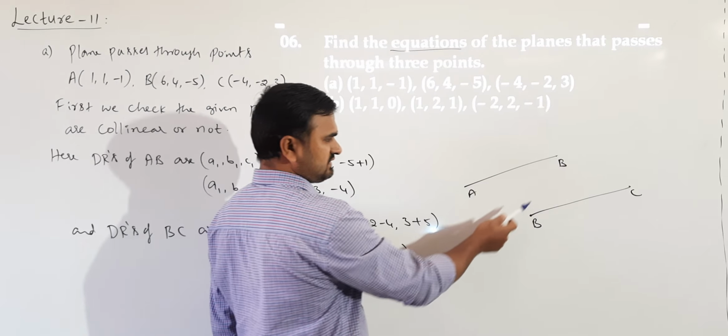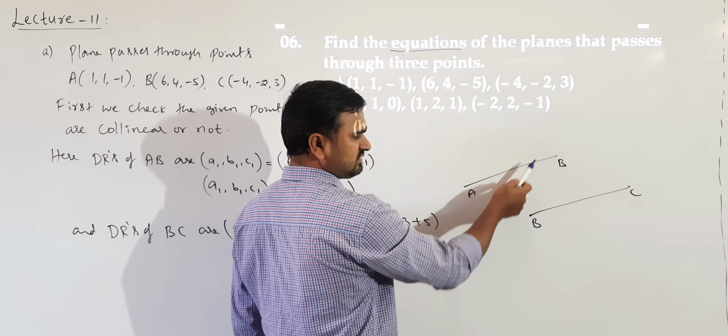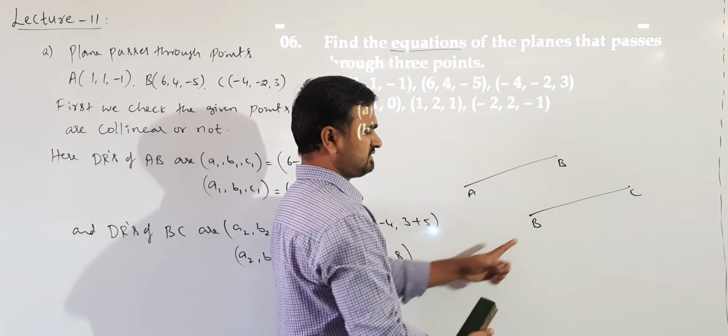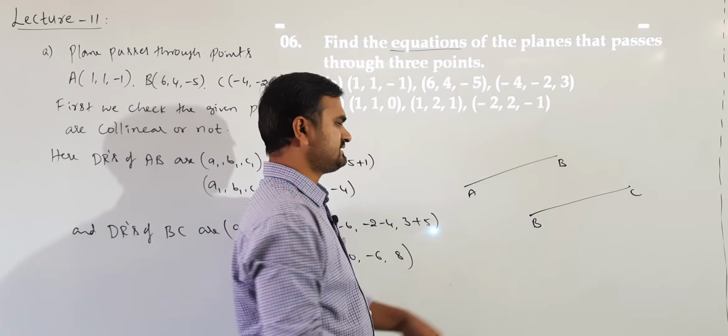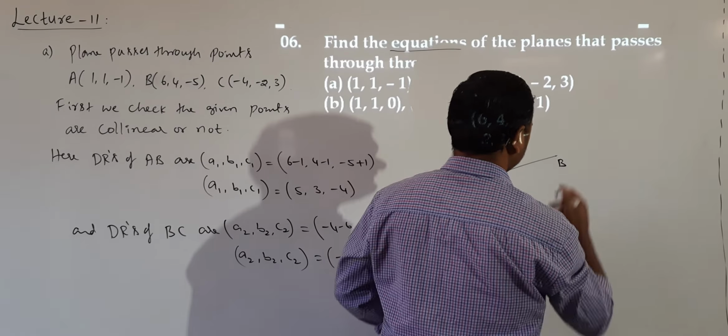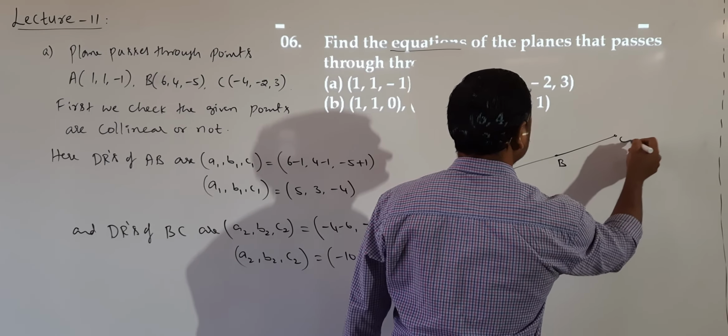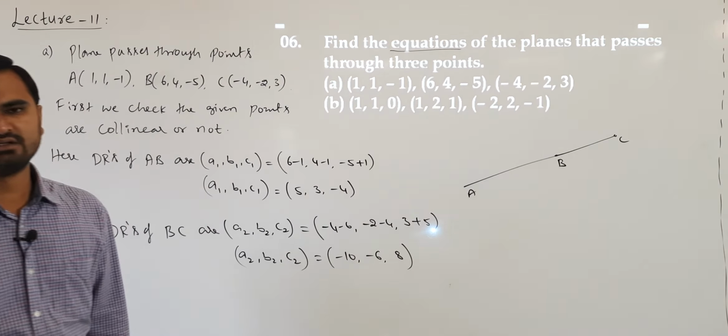But we can see that the point B is common. So B is common means where do we have to draw BC? Not here. If there were different points, we could draw like this. But point B is common, so BC we have to extend here only. So clearly the points are collinear.